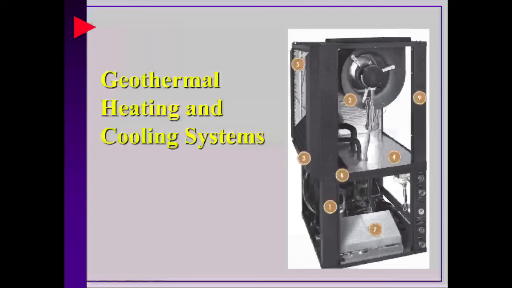So in this image, this is just showing some of the parts and pieces of a geothermal type of heating system. And this is just something that's slightly different. On this particular geothermal heating and cooling system, number 5 is showing my filter application, and it shows the indoor coil, I should say, not evaporator coil.